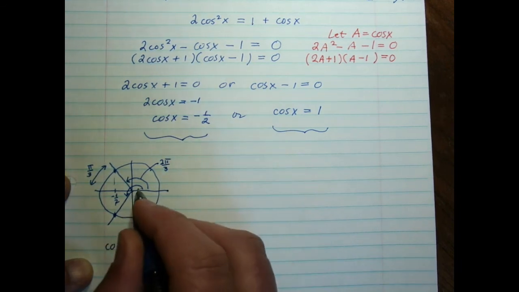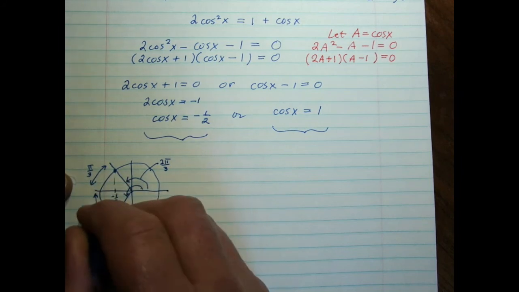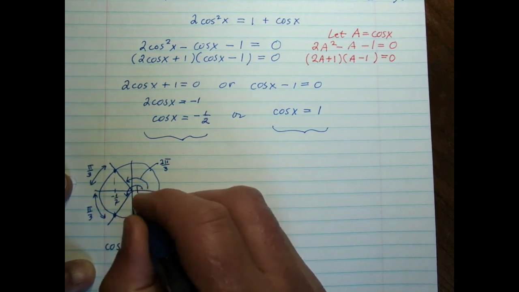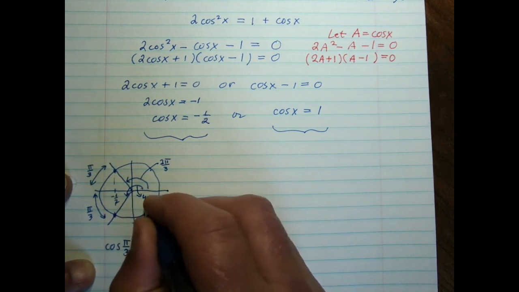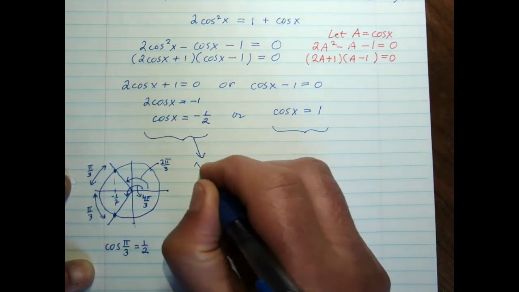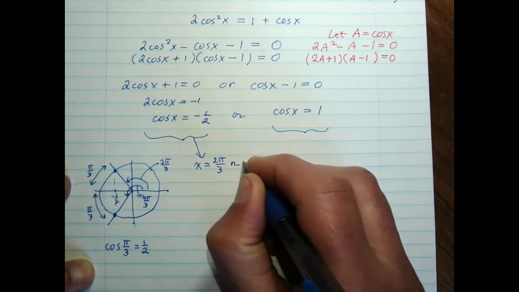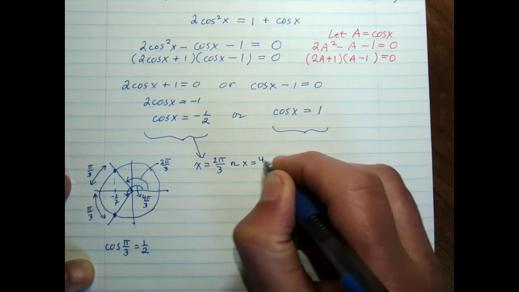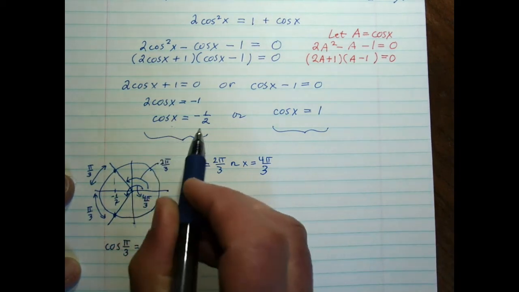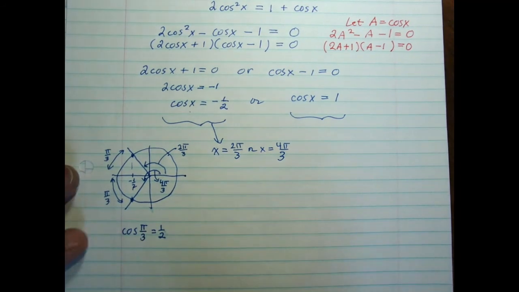And the other solution is going to be pi plus pi over 3, or 4 pi over 3. So I get x is equal to 2 pi over 3, or x is equal to 4 pi over 3 from cosine x equals negative a half and a little bit of unit circle analysis.